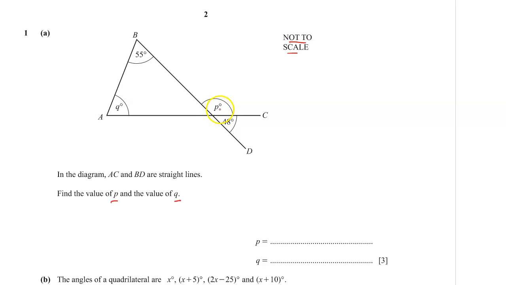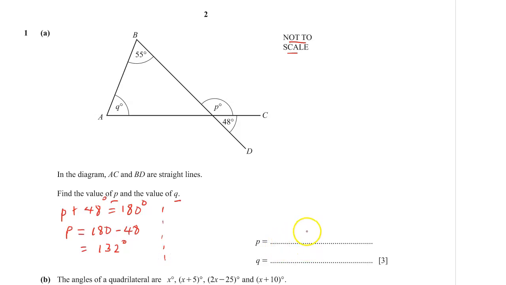48 plus P, those are angles on a straight line, and they add up to 180. Therefore, you can say P plus 48 gives us 180 degrees, sum of angles on a straight line, and therefore P is equal to 180 minus 48, and this gives us P to be 132 degrees.